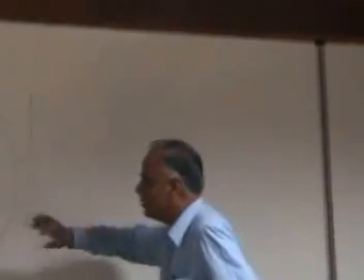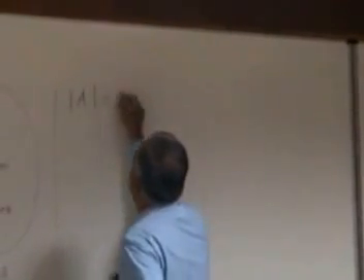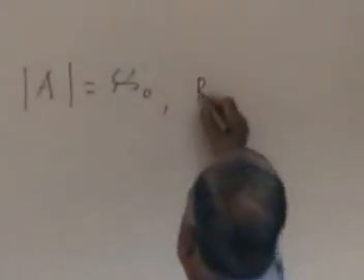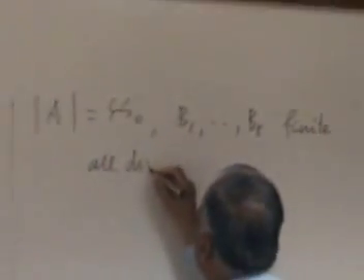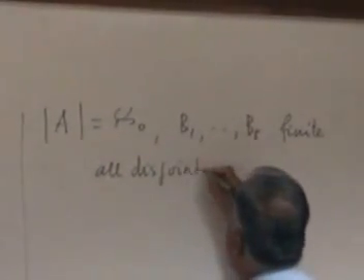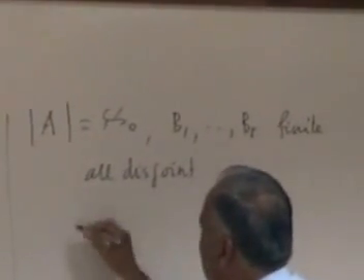You can do much more than that. But what is very trivially seen from this picture is: A is countably infinite, B1, B2, ..., Bk finite. Assume all of them are bringing in new things, all disjoint. This is for the easier case, but when they are not disjoint, we will come back to that later.